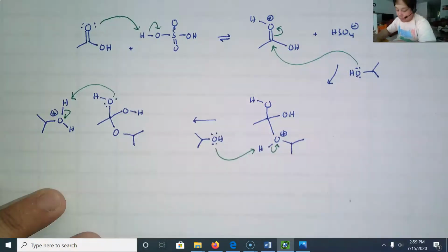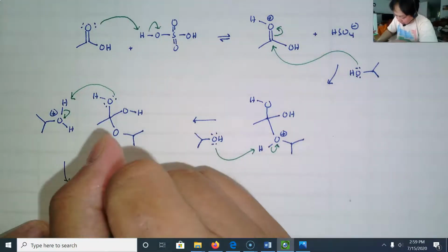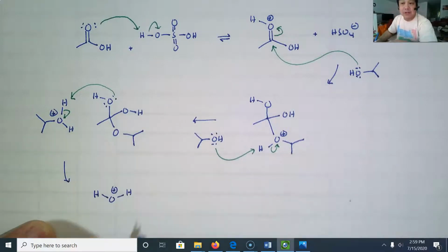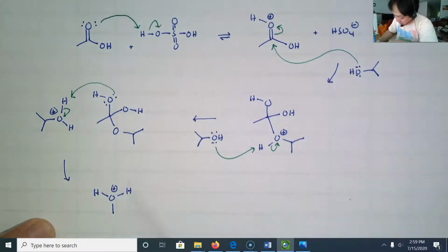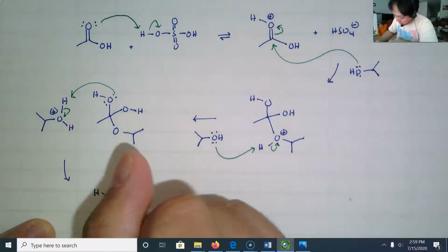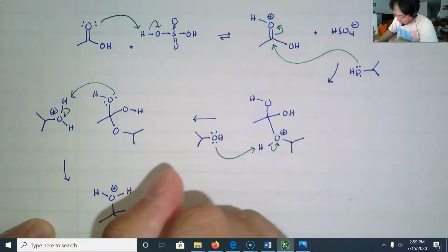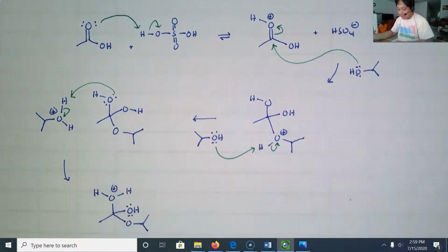Make it a good leaving group. But how are we going to kick out that leaving group? We have to recall what we did with acetal formation. Just going to run this. We are going to use what I call an internal lone pair to kick it out.